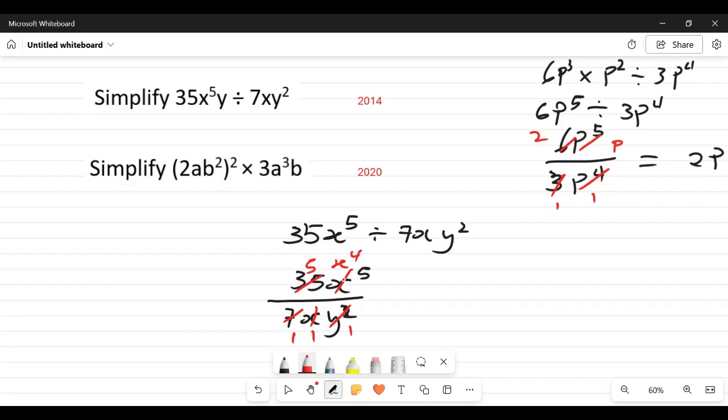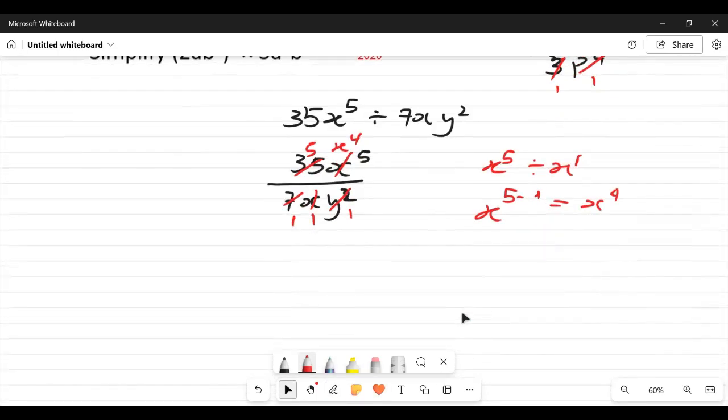Remember, we are using the laws of indices here. So when you have x exponent 5 divided by x, according to the law, we take one of the bases, then we subtract their exponents. Remember, this one has an exponent of 1. So that's going to give me x exponent 4, and that is why we got x exponent 4 here. Remember, we don't have any y expression there. So the y is free.